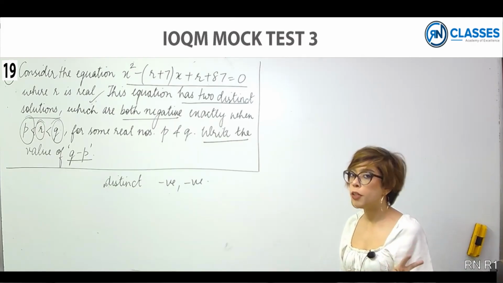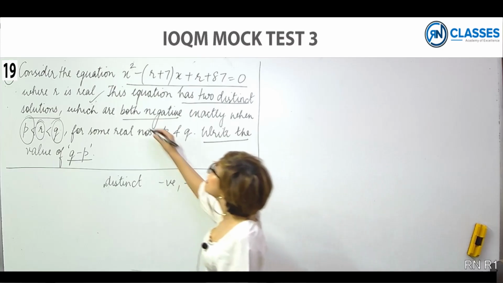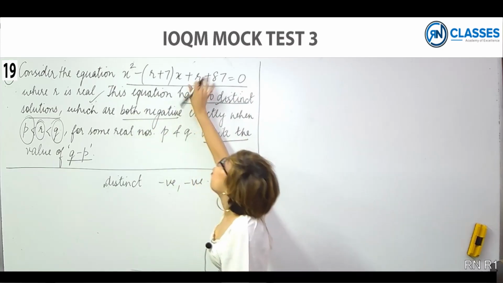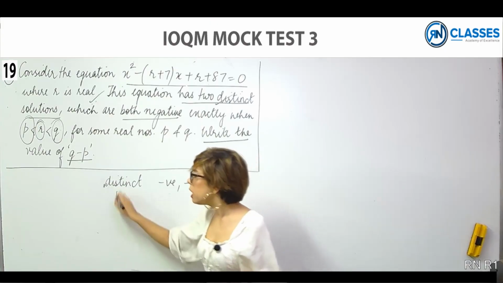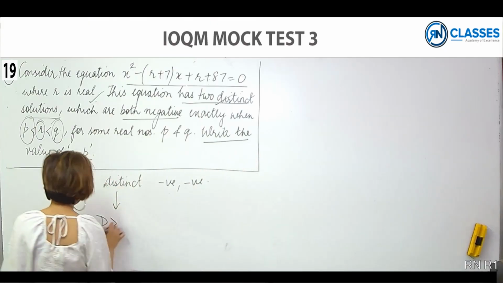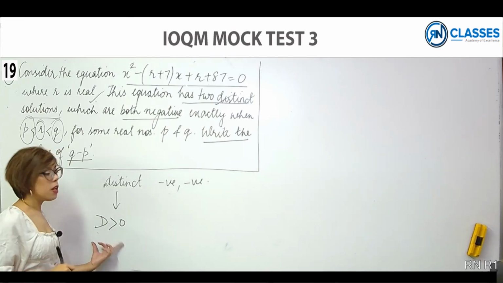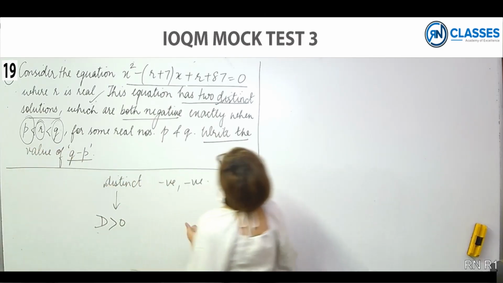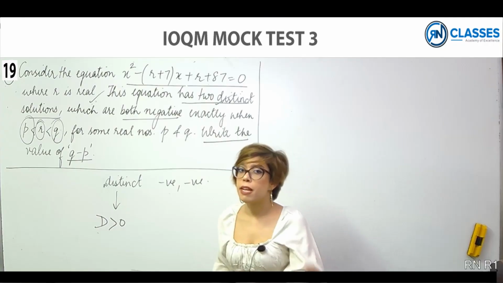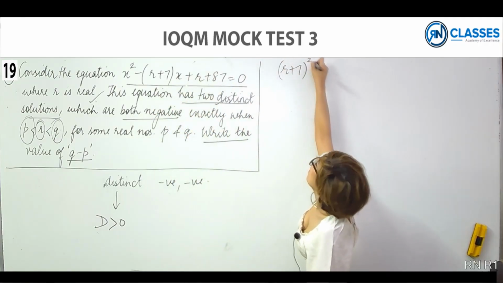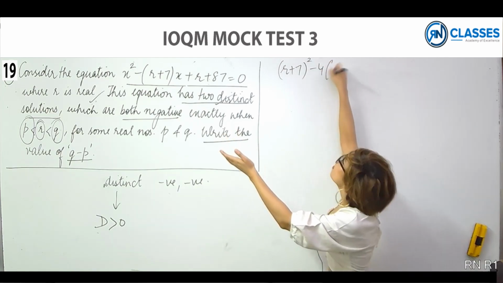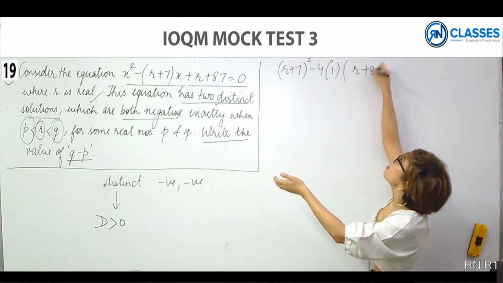Now two conditions are given to you. First is, it has distinct solutions. Right? A quadratic equation has distinct solutions. That means the discriminant needs to be greater than 0. So let me write my discriminant, b square minus 4ac. So (r plus 7) whole square minus 4 into a, which is obviously 1, into c, which is obviously r plus 87.